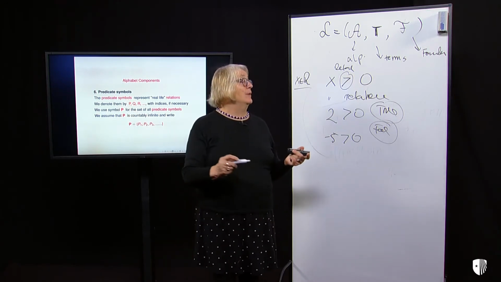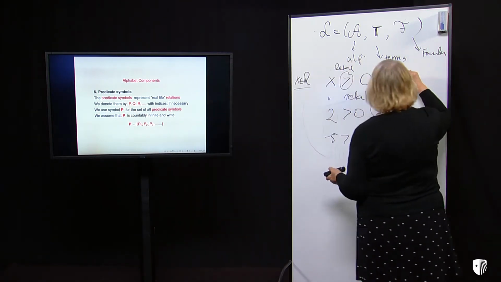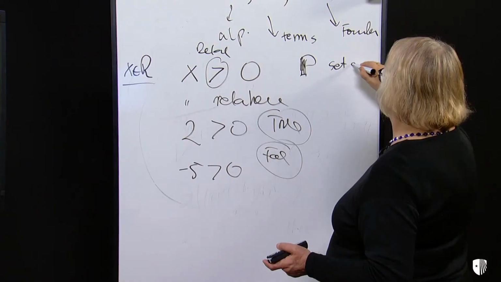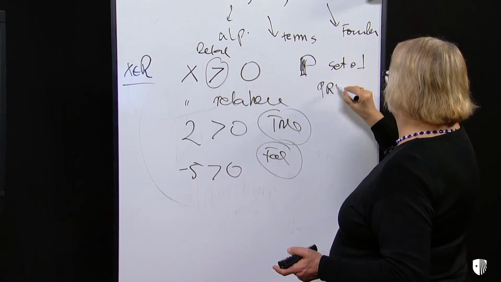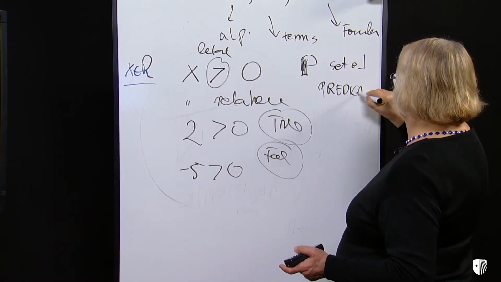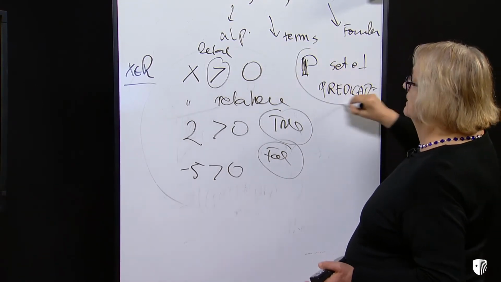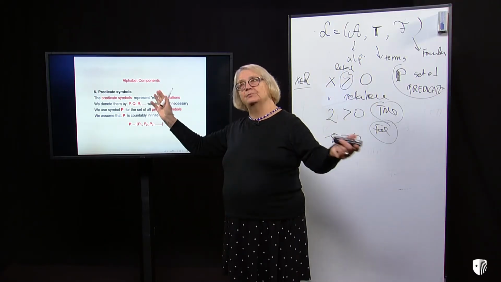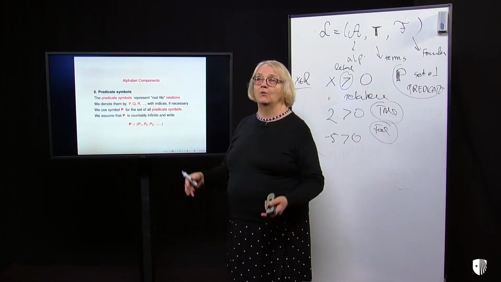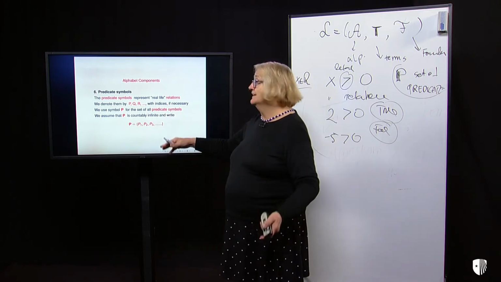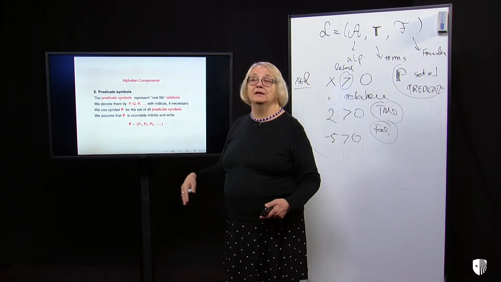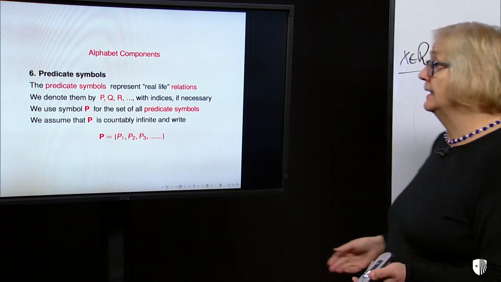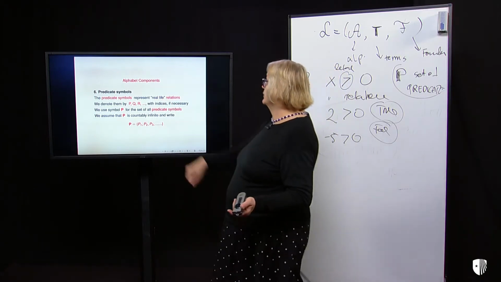And so now we have P, the set of predicates. We want to model all possible situations in the whole of mathematics and life, so we assume that there are countably infinitely many of those relations. And we write them P1, P2, etc.